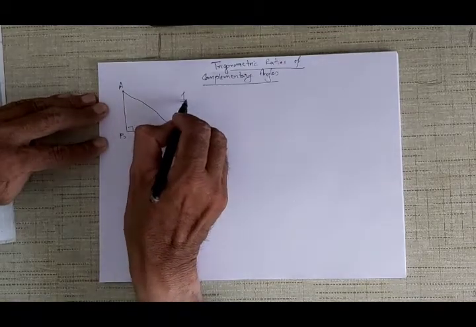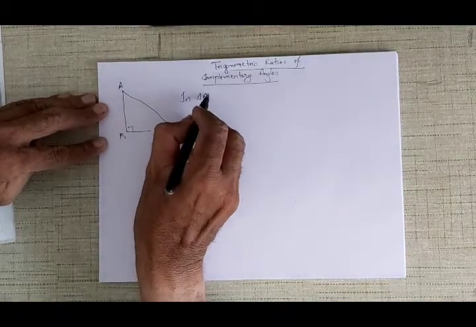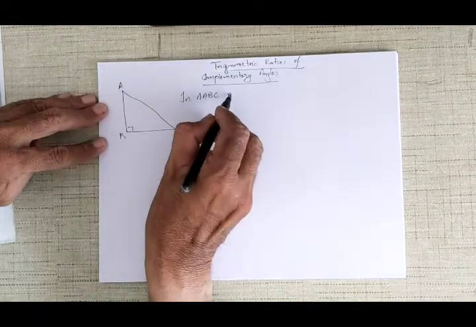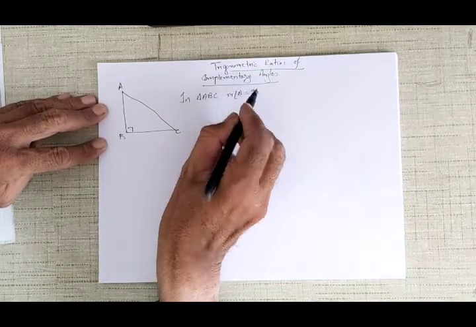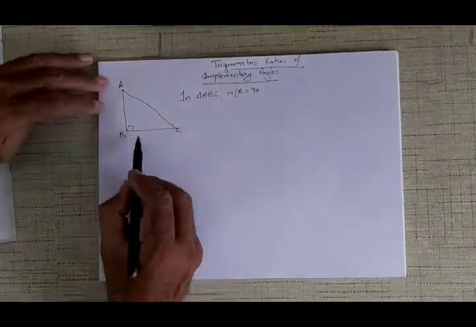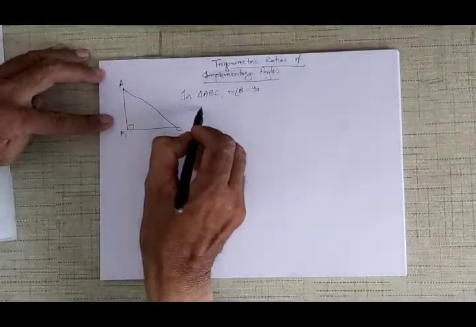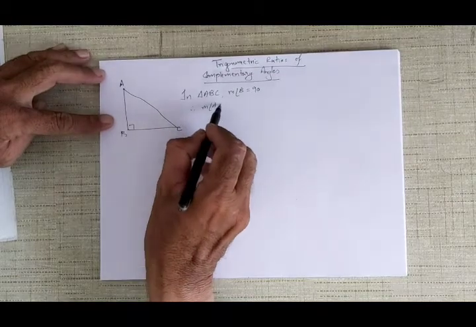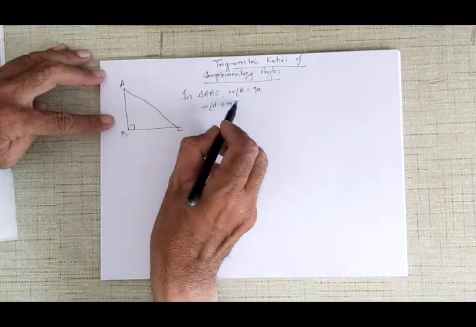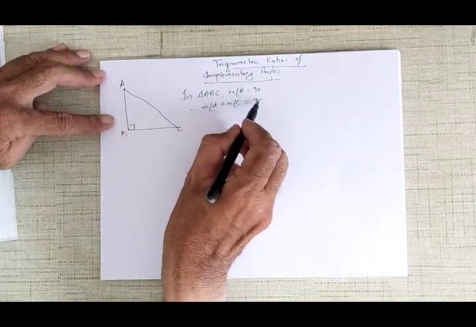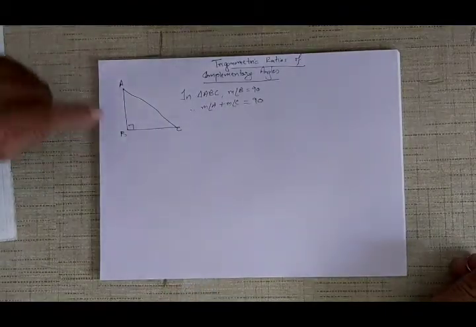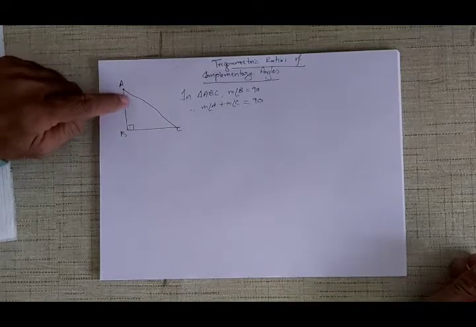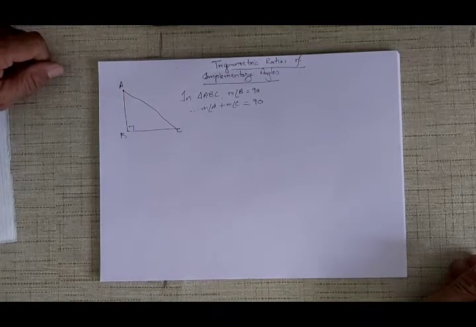So in triangle ABC, measure of angle B is 90 degrees. It's a right angle triangle. Now if one angle is 90 degrees, therefore you can say that measure of angle A plus measure of angle C will also be 90 degrees, because in a triangle the sum of the three angles is 180. So if one angle is 90, angle A plus angle C will be 90 degrees.